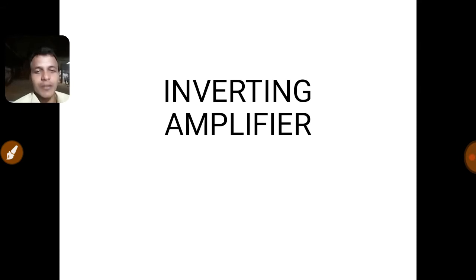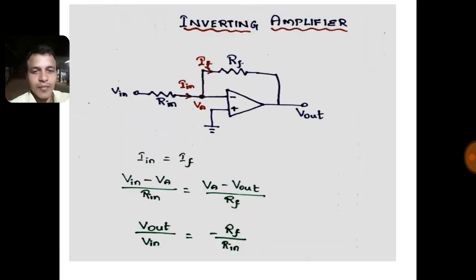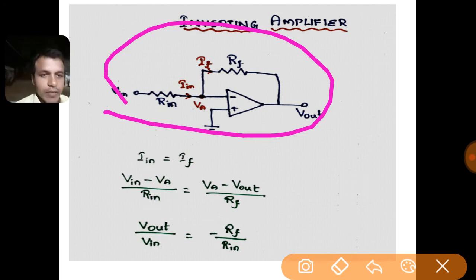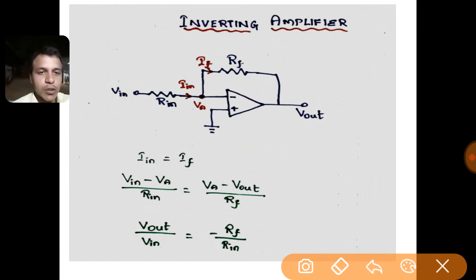Now let us enter into further discussion. This circuit shows the inverting amplifier, how operational amplifier is used as an inverting amplifier. So we are giving the input voltage to the inverting terminal and the non-inverting terminal is grounded.